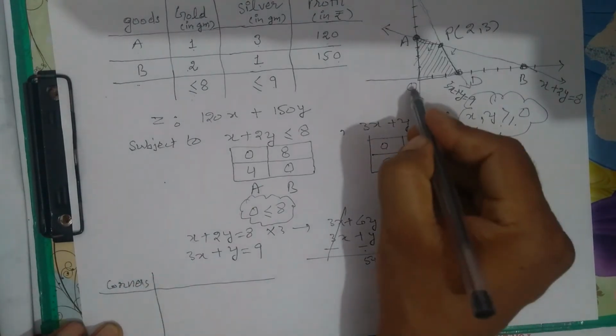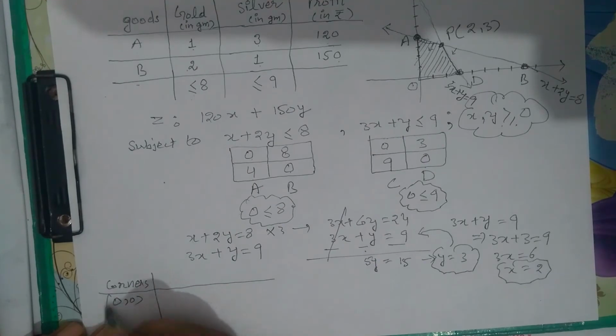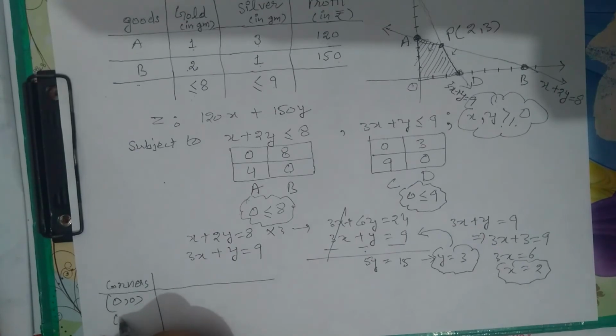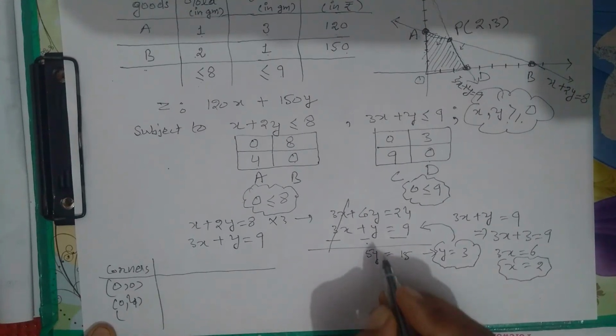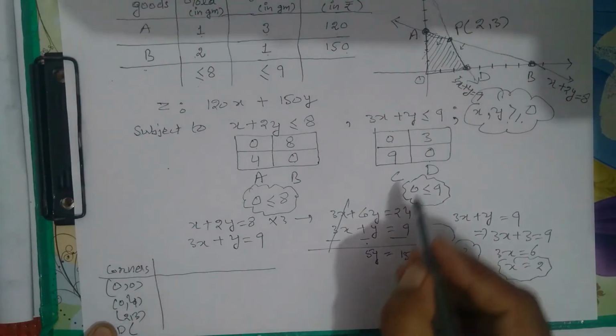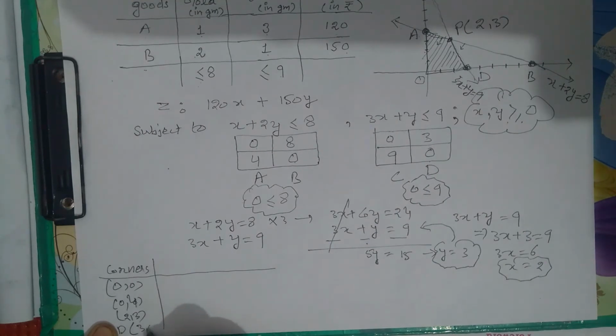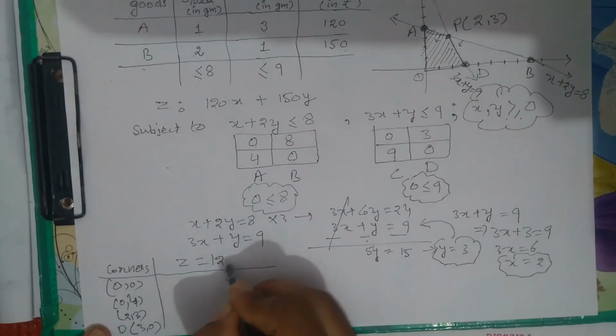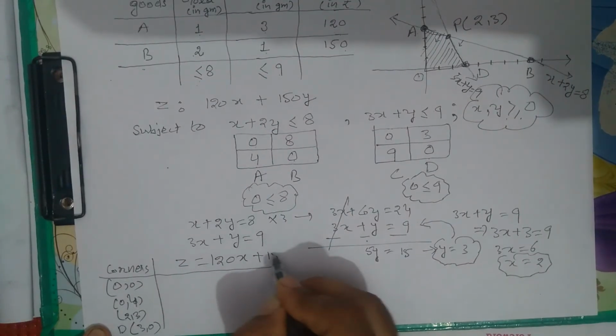The corner points are, first of all, 0 0. The second corner point is A, whose coordinates are 0 comma 4. The third point is P, whose coordinates are 2 comma 3. The last point is D, whose coordinates are 3 comma 0. And the Z function is 120x plus 150y.